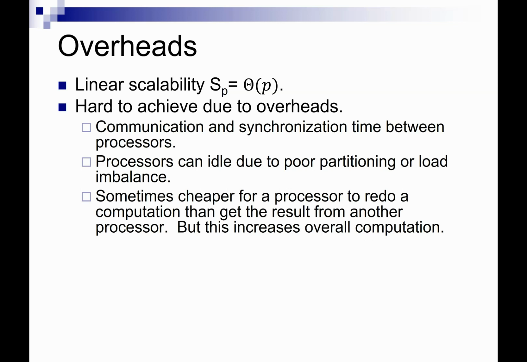Because it's such a simple thing that you're doing, just computing a sum, it's probably cheaper for the second process just to redo that computation. But if you redo computation in this way, then you're actually increasing the total amount of work, because previously you were doing one addition, and now you're doing two additions. So you increase the overall amount of work that you're doing, and that's another source of overhead.